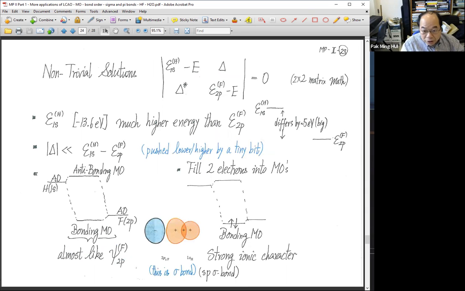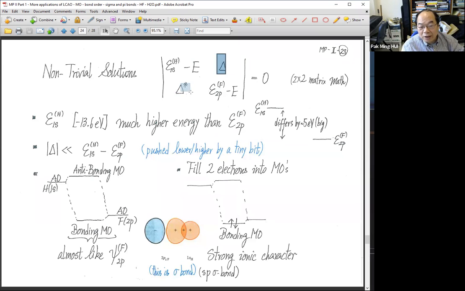So the situation becomes 1s hydrogen, 2p fluorine. This is hydrogen higher, this is fluorine lower, okay? Once you have this situation and you have an off-diagonal term here, you get just slight pushing. Second order perturbation theory, right?